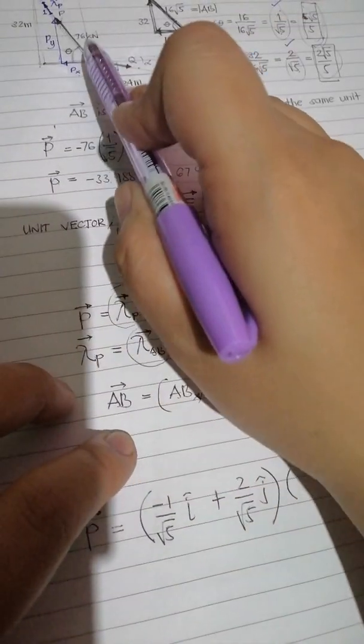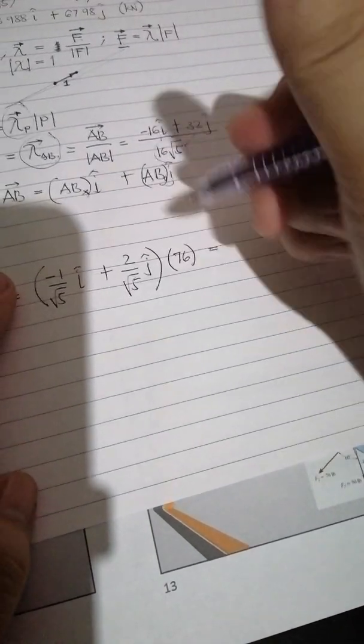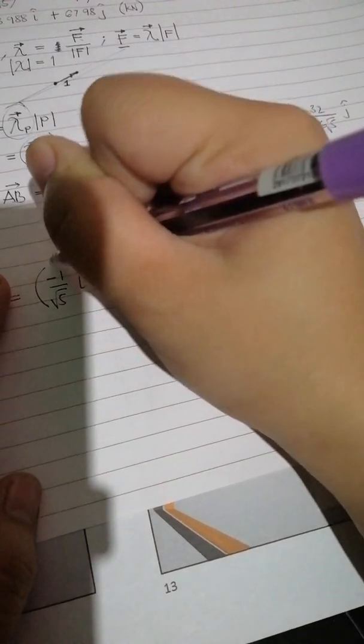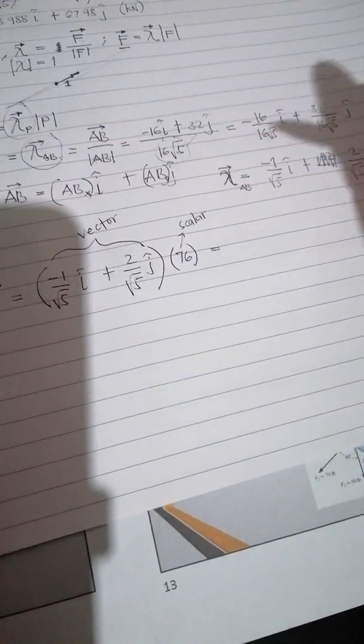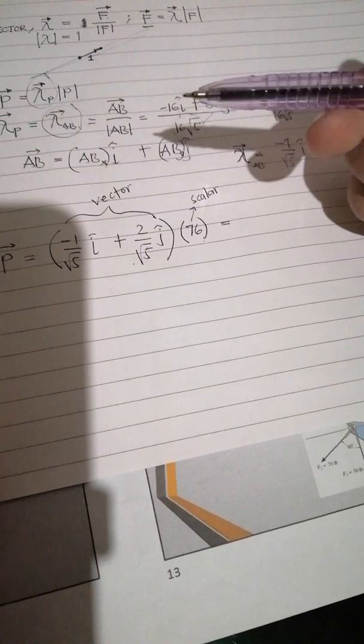Then, multiply sa magnitude ni P. Ano magnitude ni P? 76. This is a scalar value. This is a vector quantity. Question, could we add a vector quantity with a scalar quantity? Yes. How?